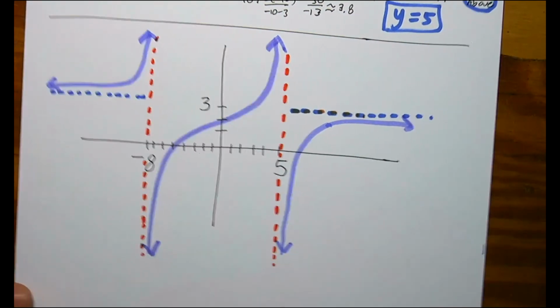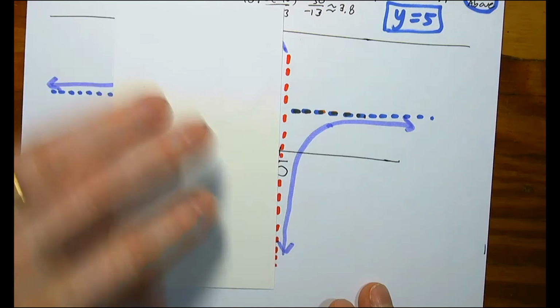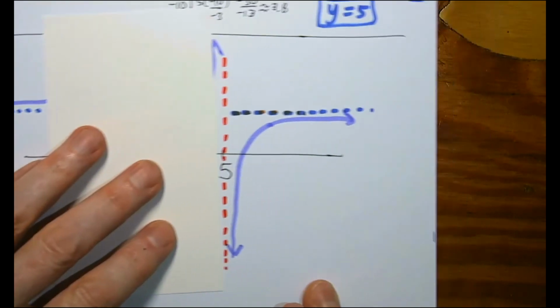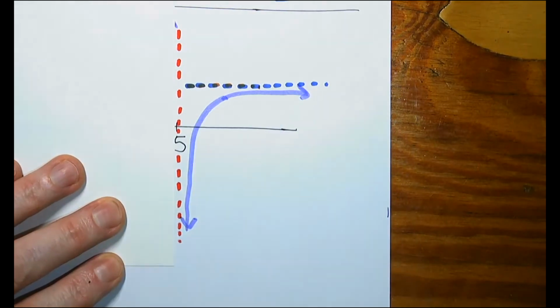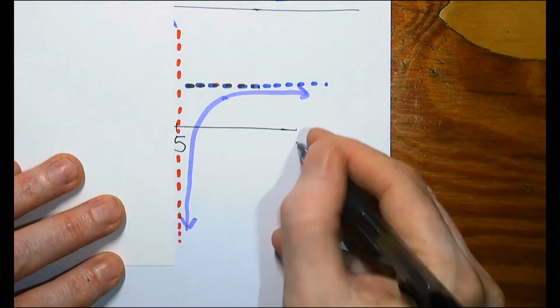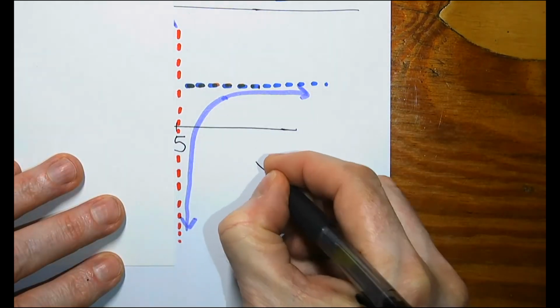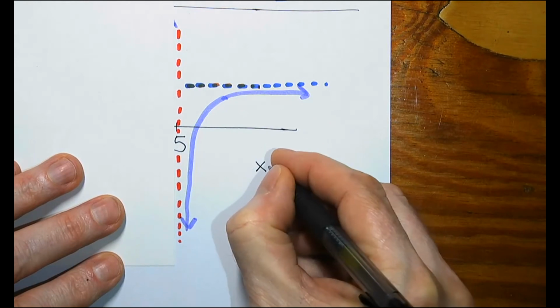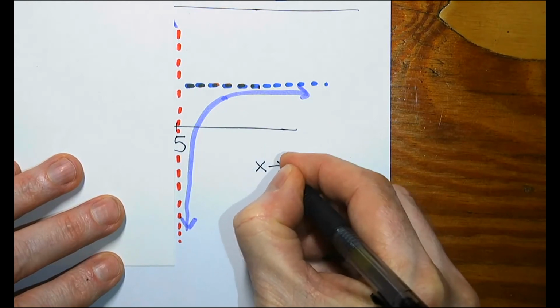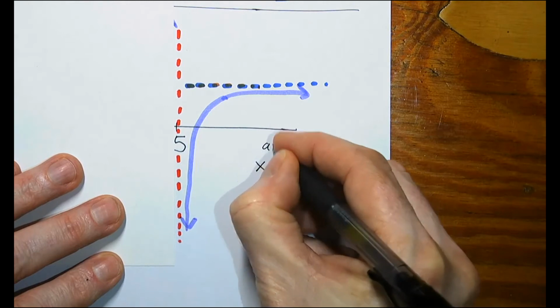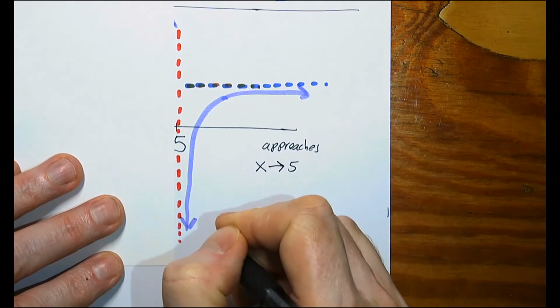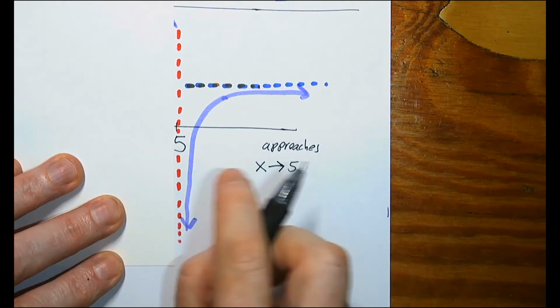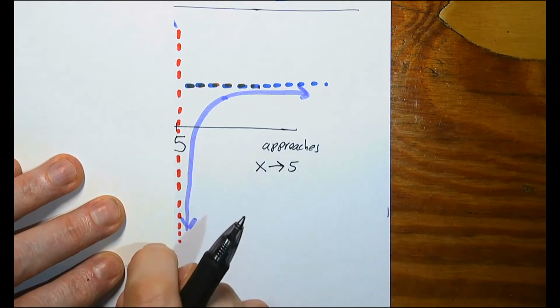And sometimes you're going to say, okay, I would like you to look at just this part of the graph over here and tell me where the kids are. And you're going to see them do this. They're going to say, as x, an arrow, is close to 5, they're going to say approaches, as the children approach 5, and where are they headed?